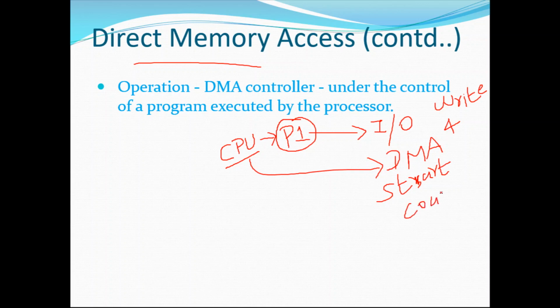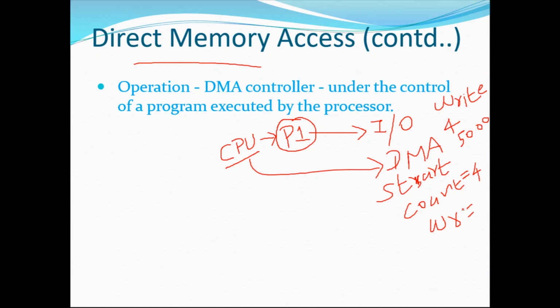In this case it wants to perform a write operation because we are writing to an IO device. So the starting address is where the first IO operation should be written, say address 5000, and the count is how many such operations should be done, say 4. And the operation is the write operation.